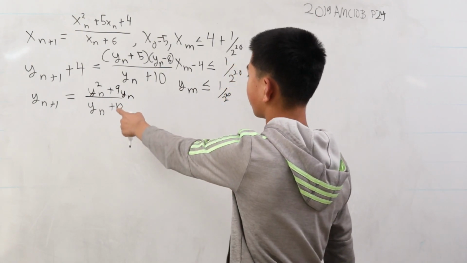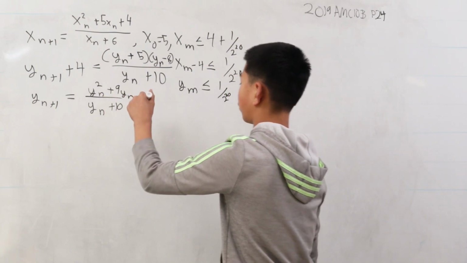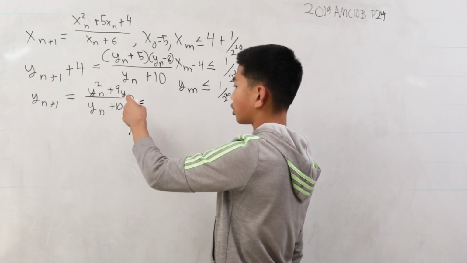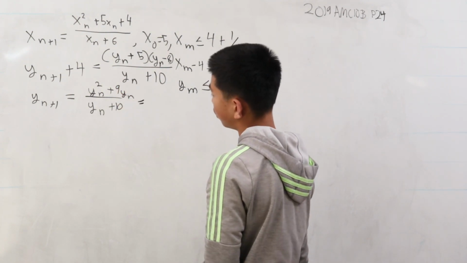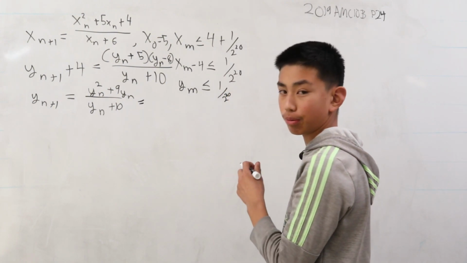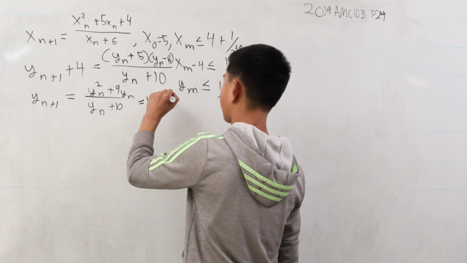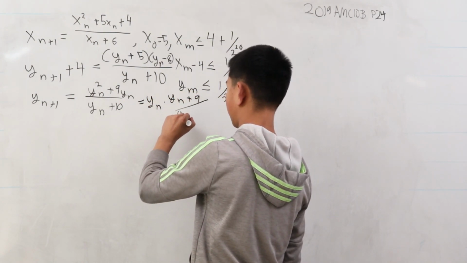Now, in the numerator we can take something out. We can take the factor of y of n, because when you multiply a number by a fraction, only the top number is changed unless you're simplifying. So we get that this is y of n times y of n plus 9 over y of n plus 10.